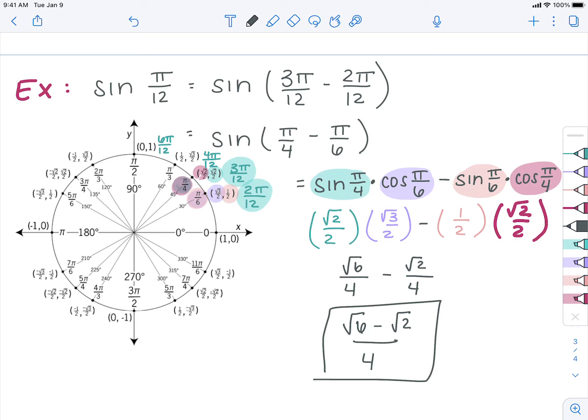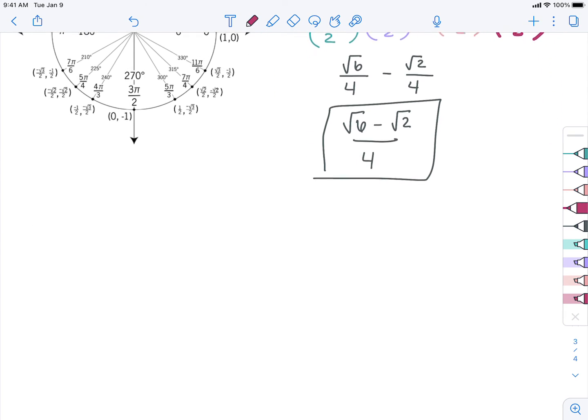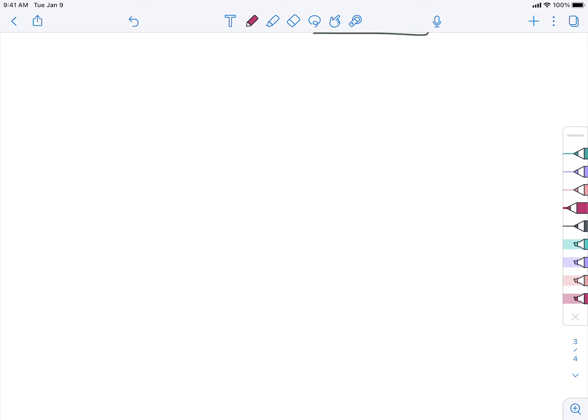So let's also look at one that has tangent in it. Let's find the tangent of 15 degrees.